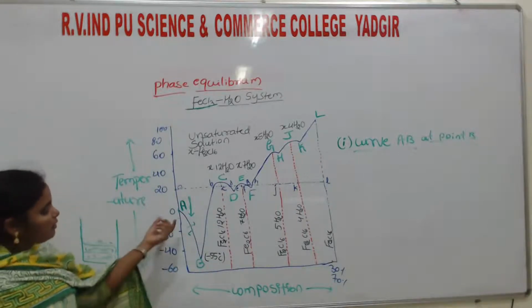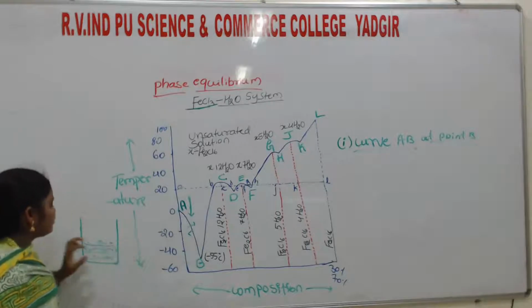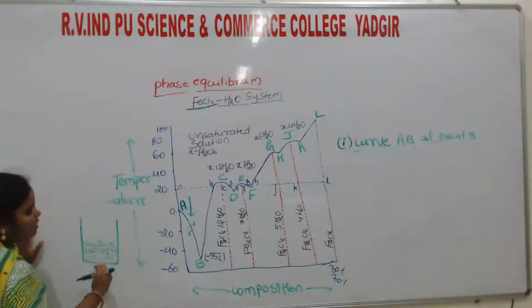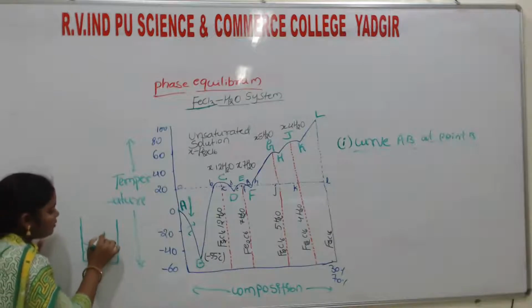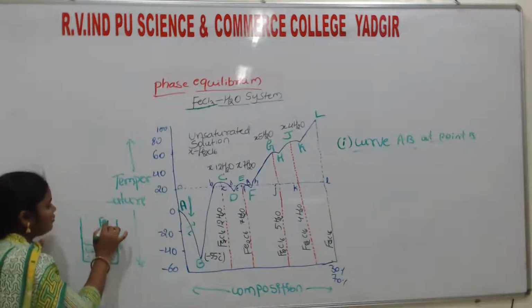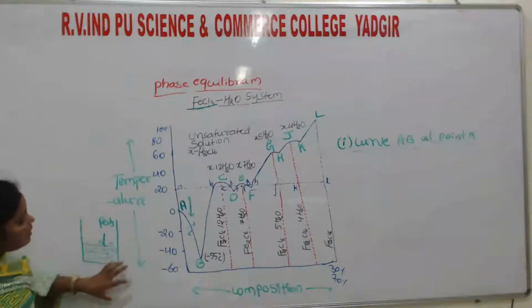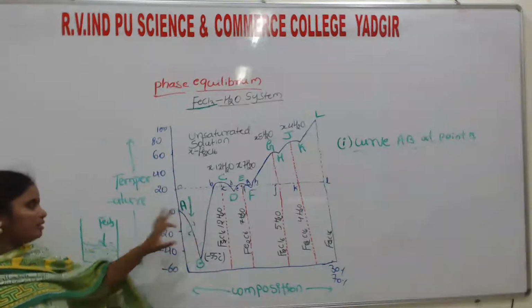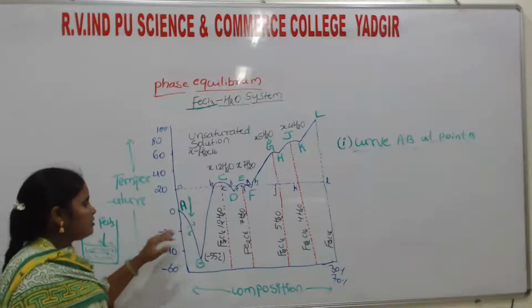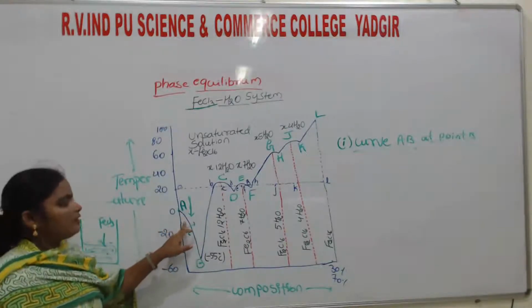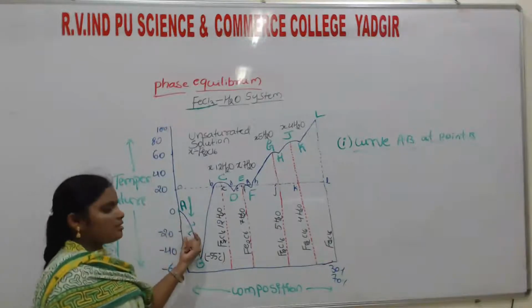You are decreasing the temperature and adding solid FeCl3. The FeCl3 decreases the freezing temperature, and ice starts separating here.